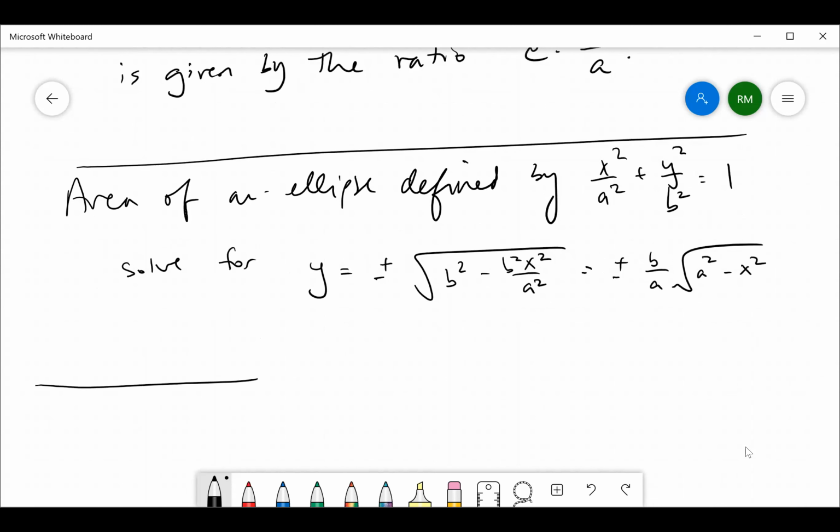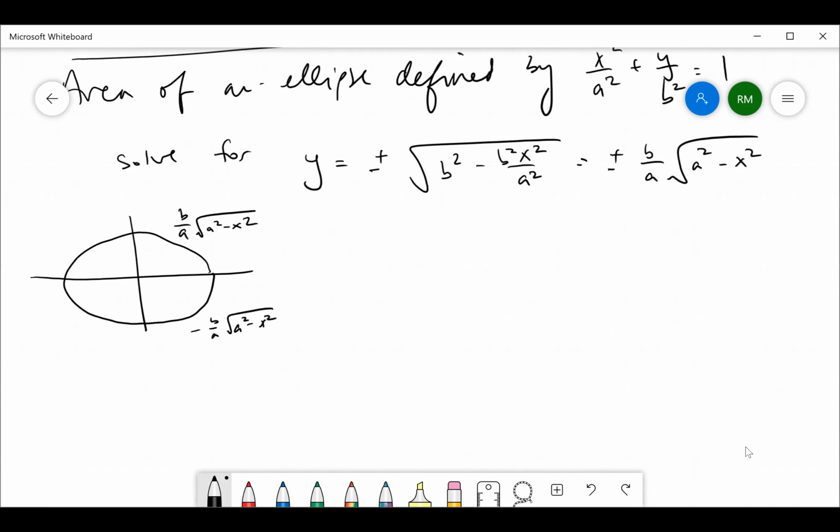So if I look at an ellipse, it'll look something like this. This is the positive square root, and this is the negative square root. That means that the area should be equal to 2 times the integral from negative a to a of this b over a times the square root of a squared minus x squared.